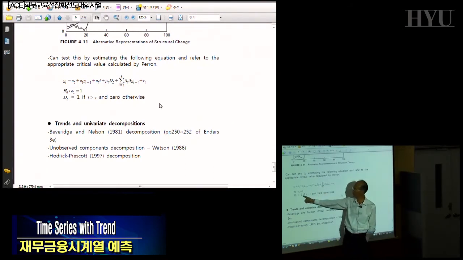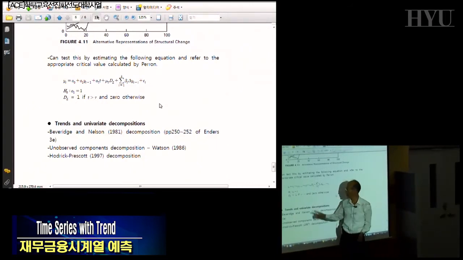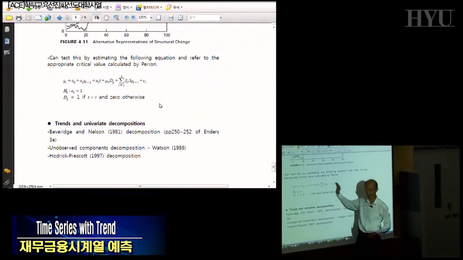So you create the dummy D of L. So this is the period, tau plus 1, where you are suspecting there is a permanent level shift. So it's taking value 0 all the way through, and if you pass through tau, then it is all ones. Right?